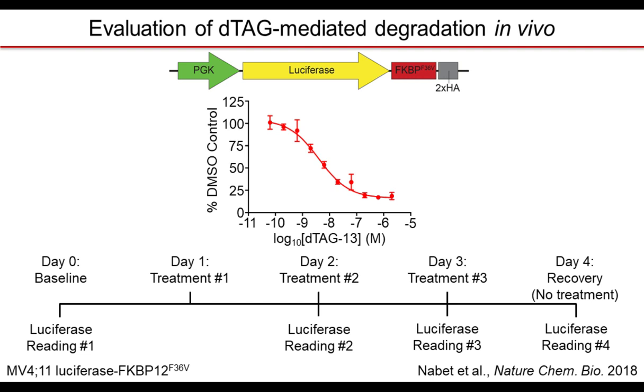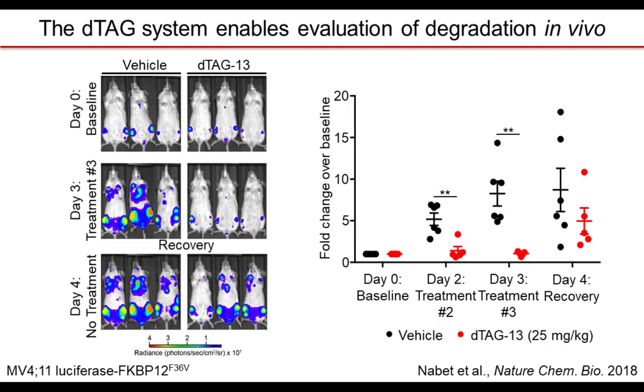After days 2 and day 3, we then performed again bioluminescence measurements. This allowed us to capture potential effects on luciferase signal. On the final day, I didn't perform the treatment in the morning, and we just did the luminescence measurement to see the recovery levels in response to breakdown and washout of our compound in vivo.